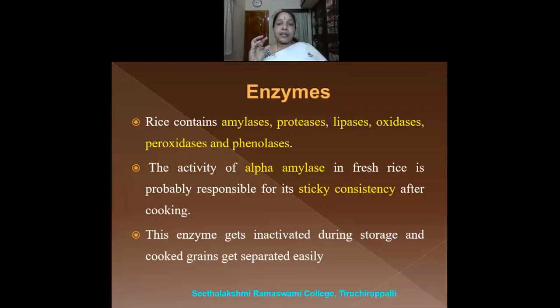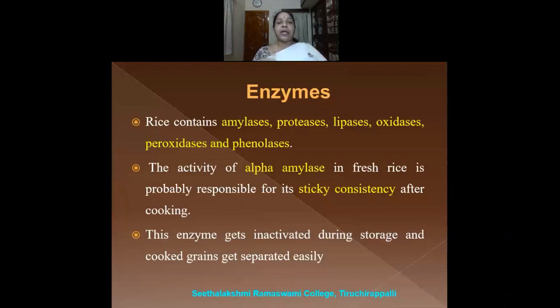But when the same rice is stored for 1 month or 2 months and then cooked, then it does not become gelatinous. There the rice will cook into a grainy consistency. So why does this change occur? This change occurs because the enzyme alpha amylase that is responsible for converting the rice into a gelatinous mass is inactivated.